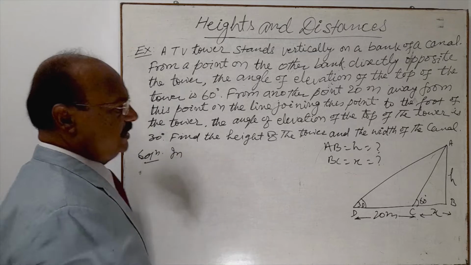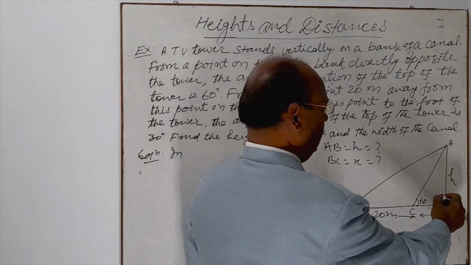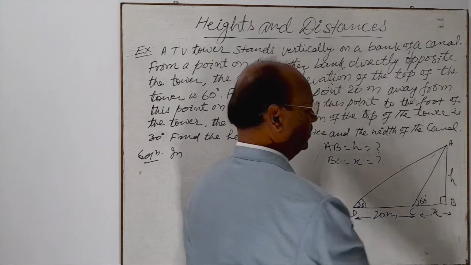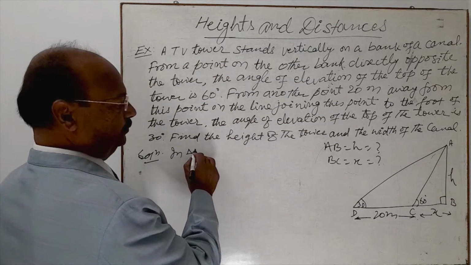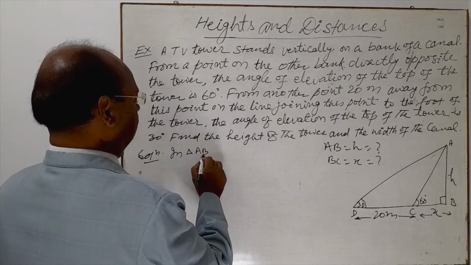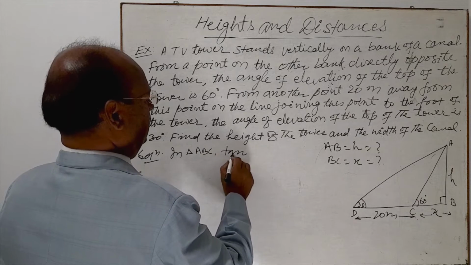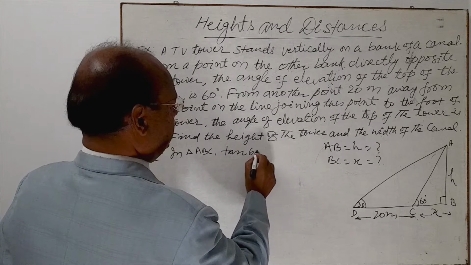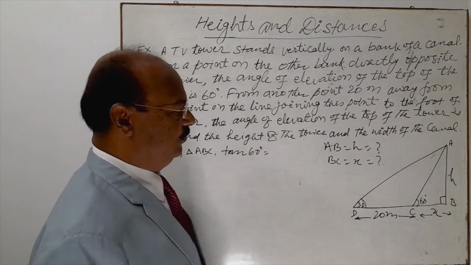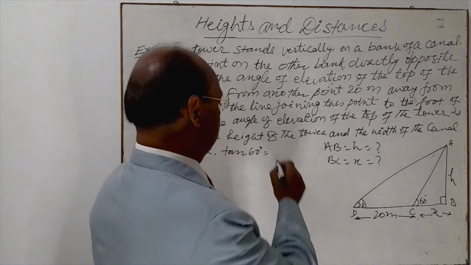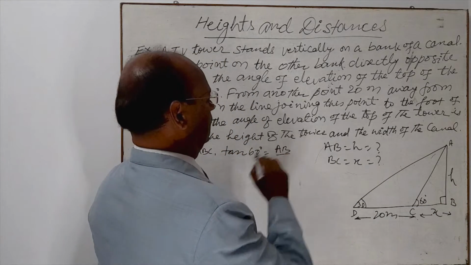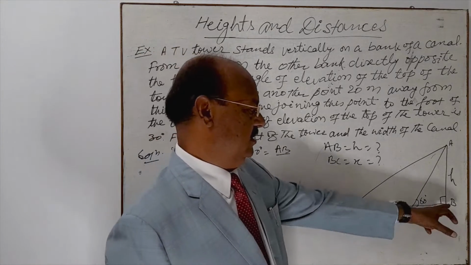First of all, we will take right angle triangle ABC. Here angle B is 90 degree. So in right angle triangle ABC, tan of 60 degree is equal to, this angle is 60 degree, perpendicular means AB upon base means CB.